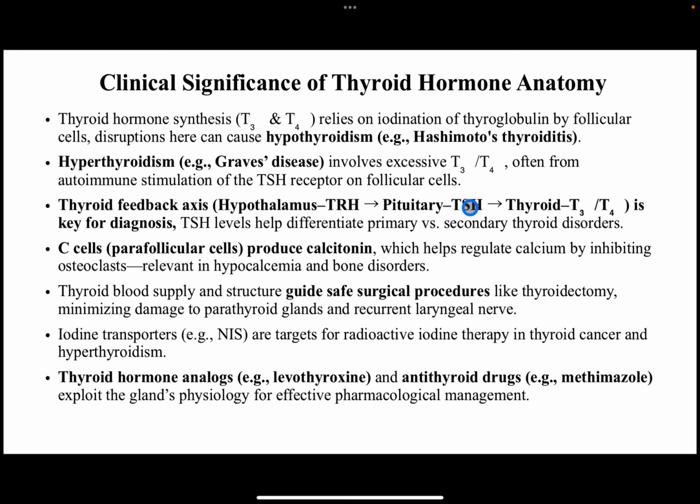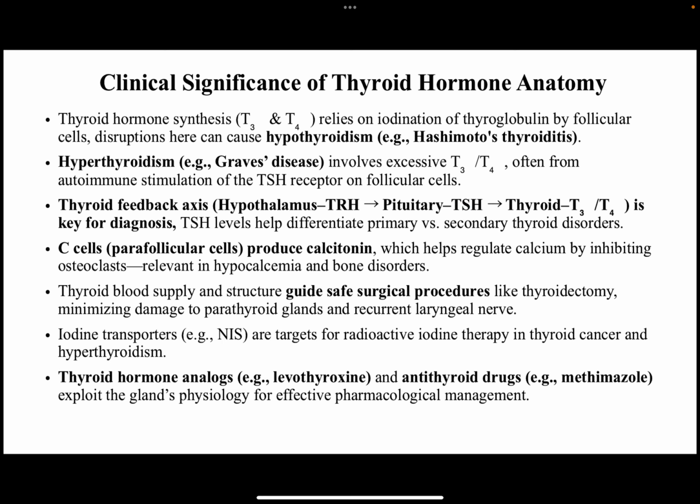If someone is having high levels of T3 and T4, the person can have conditions like hypertension, palpitation, tachycardia. Also problems with the GIT, like diarrhea, because digestion may not be proper.